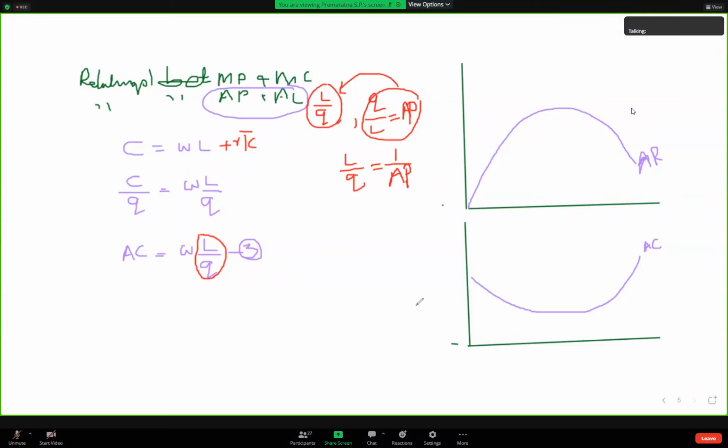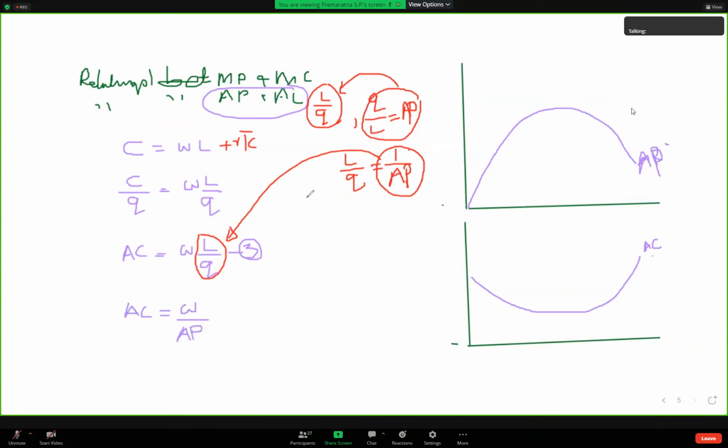So if I replace it here, this third equation I can rewrite: average cost equals W divided by AP, average product. So you get the average product curve here.